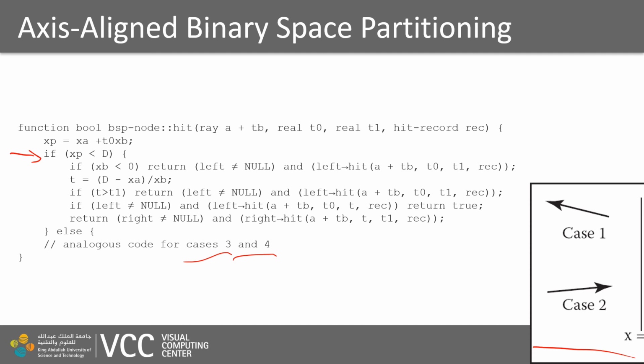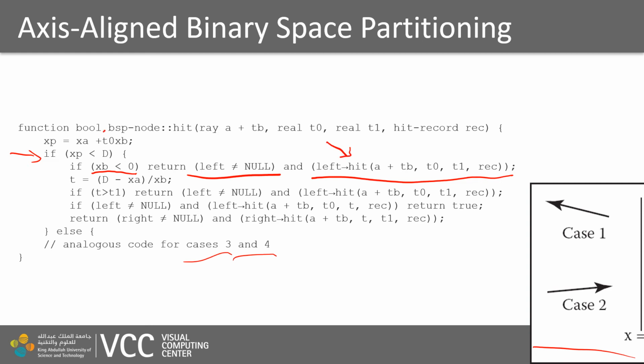And if XB is smaller than 0, then return true in case left is not null, and at the same time there is a hit reported by the recursive call.